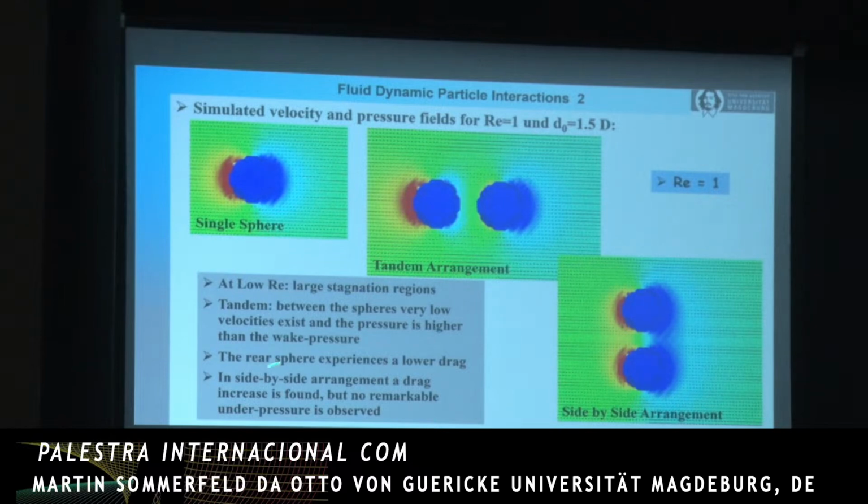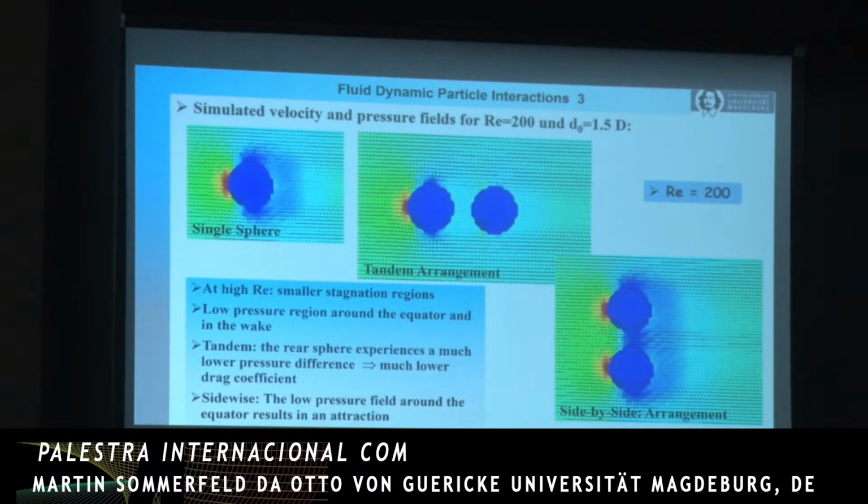Then side by side arrangement, normally you have a drag increase. You have relatively high velocities, but not, you know, the truck effect. If you overtake a truck with your car, you are sucked towards the truck. This is not so pronounced at low Reynolds number, more at high Reynolds number, as shown here.